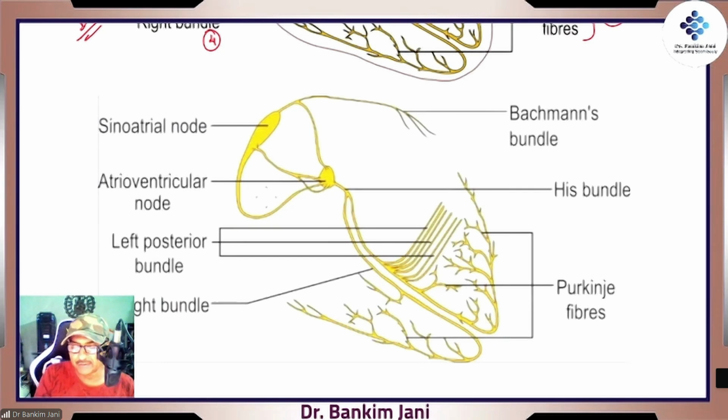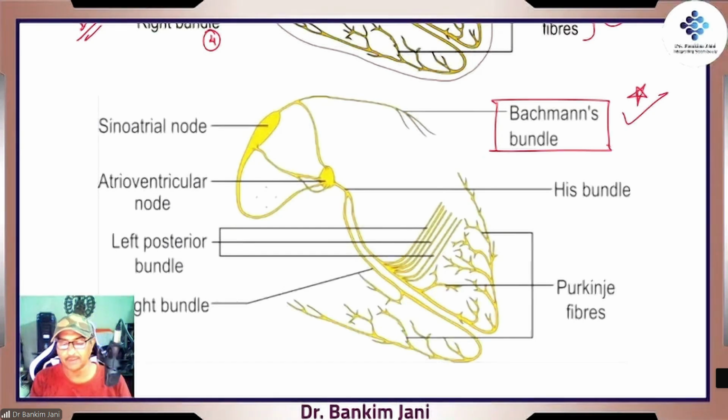Here, just remember, this is Bachmann's bundle, and this was one of the questions also. So let's remember Bachmann's bundle, which is supplying the left atrium. Next, this is the circuit on which we shall be working.